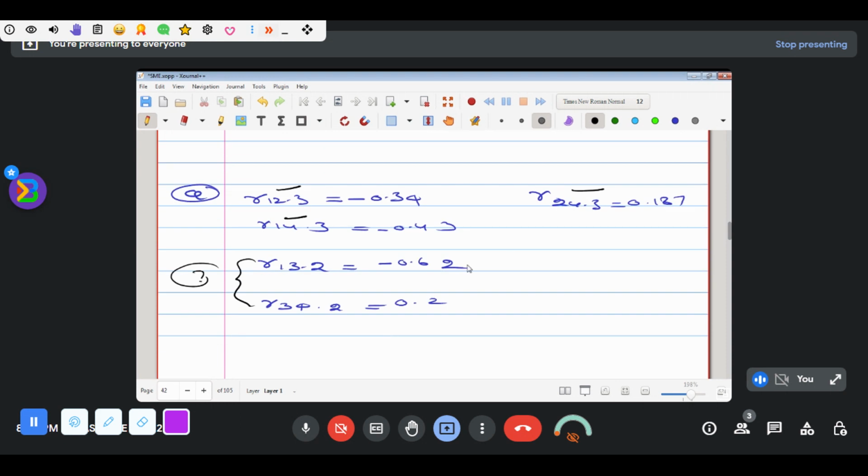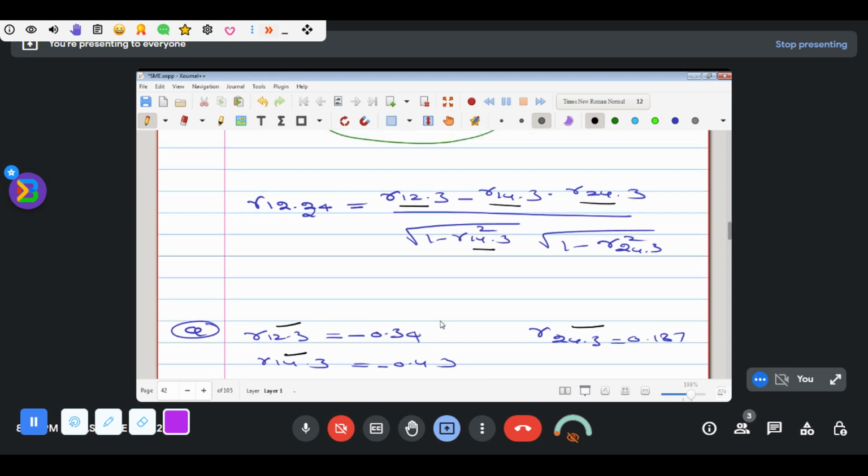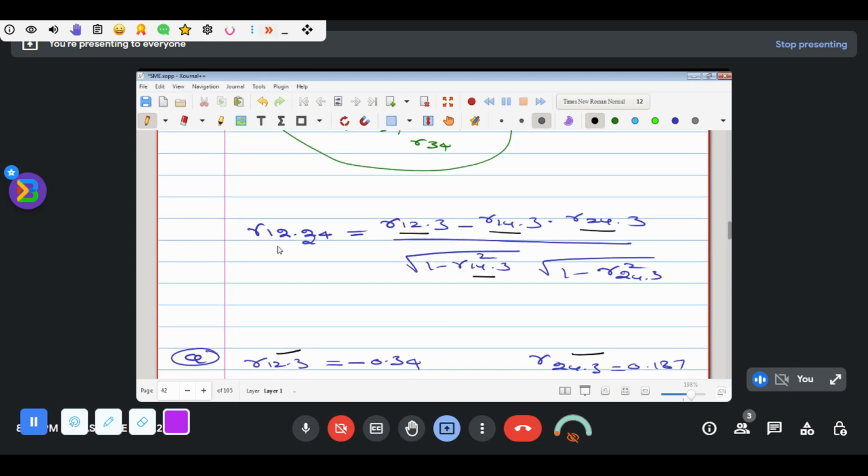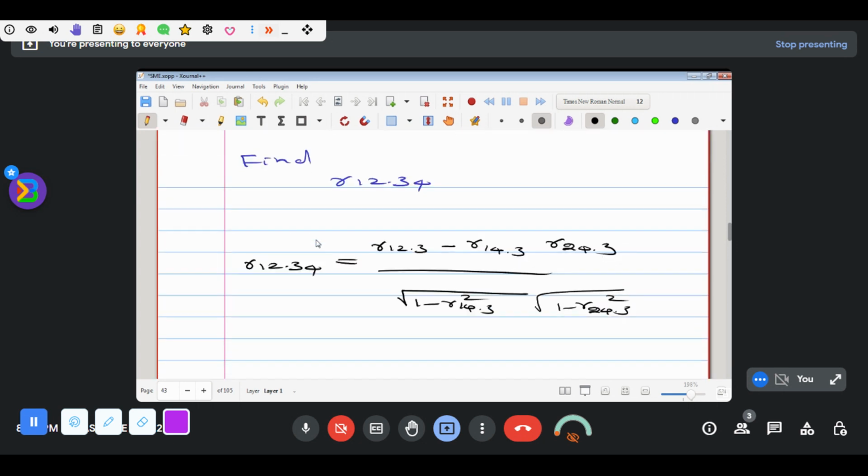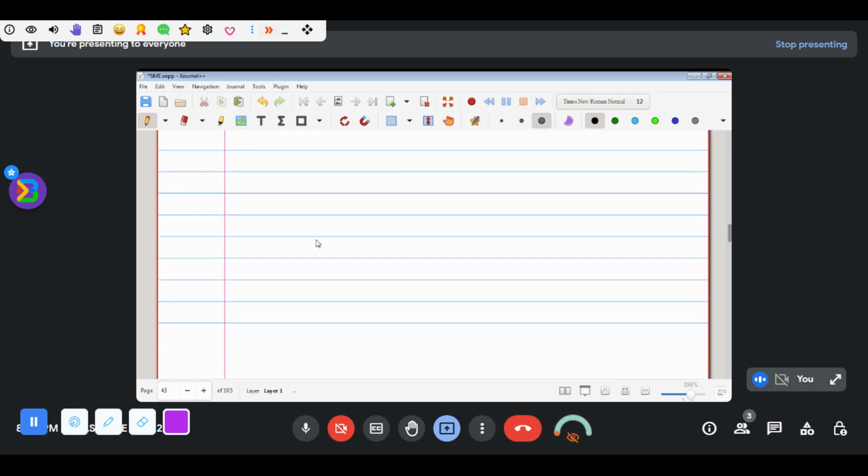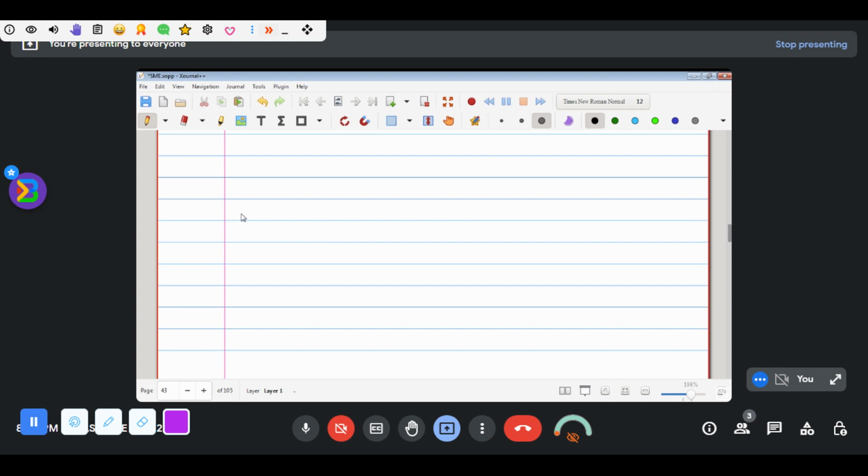Okay, so there is another partial correlation formula. This is called R12.34. Suppose I give another one, R14.23. What is the formula?